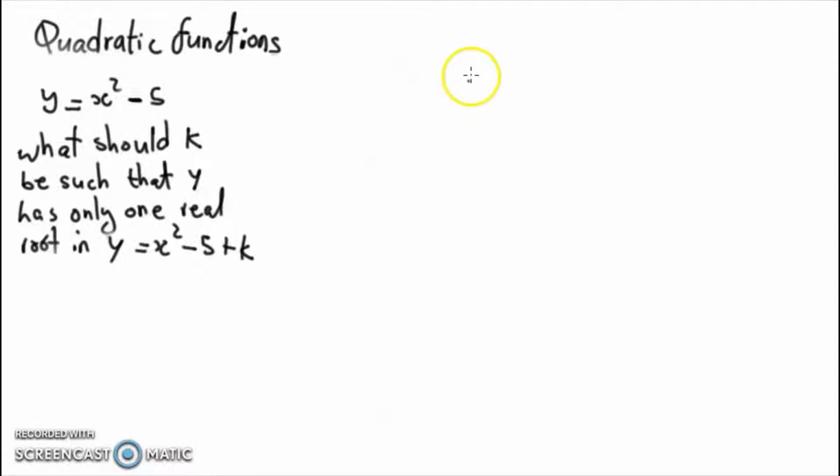So first of all, I will try to introduce you to the concept of roots. Imagine you had a parabola that touched the x-axis only once here. We would say that it has one root.